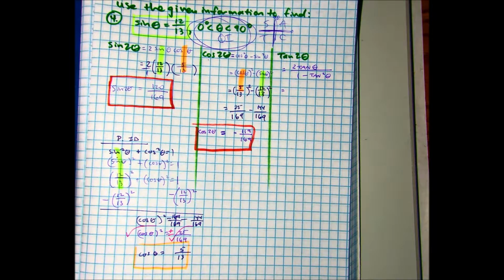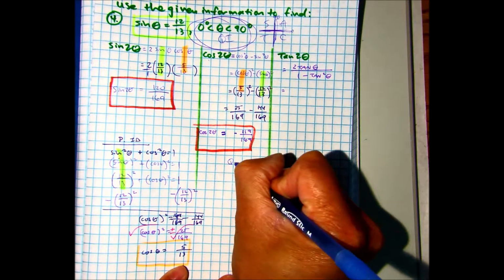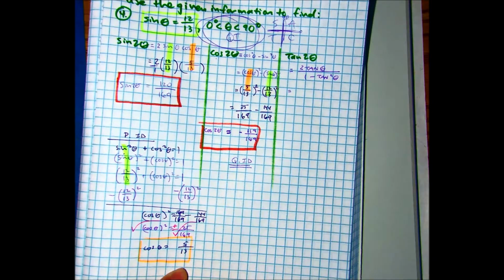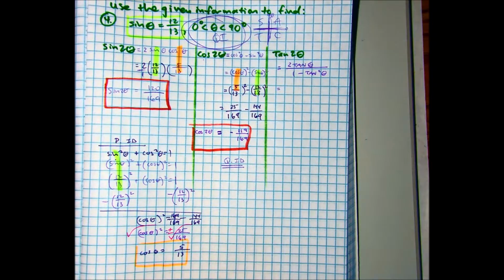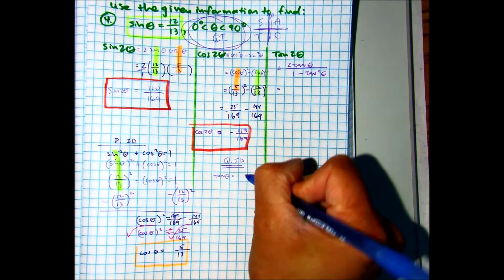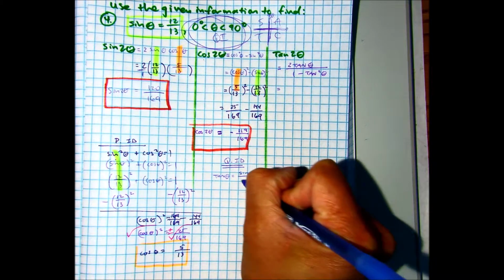You have notes. I think I know this. Yes, Erica. The quotient identity. Erica, what is the quotient identity? Tangent of theta equals sine theta over cosine theta.